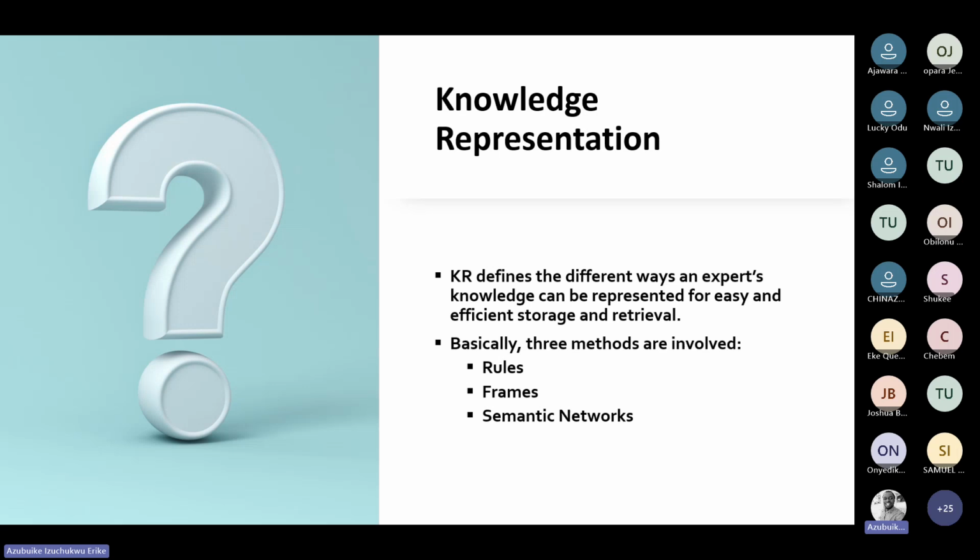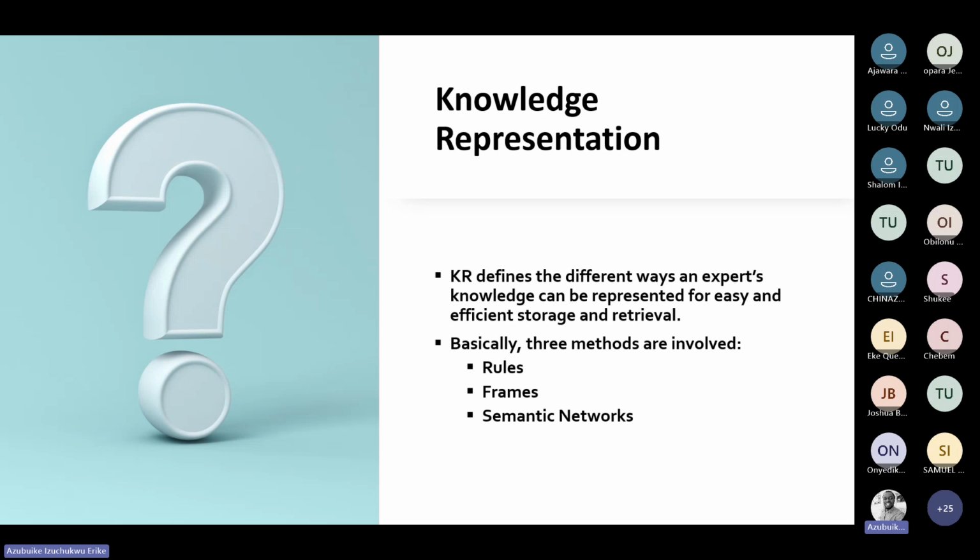So we should be able to design our knowledge base in such a way that we'll be able to add information to it easily and to receive information from it easily.